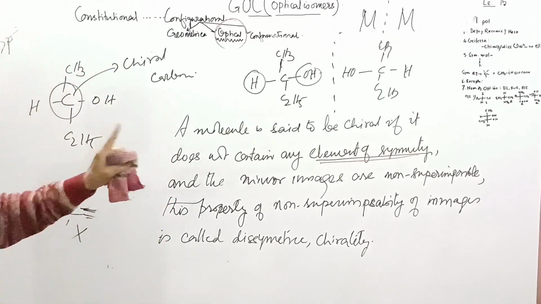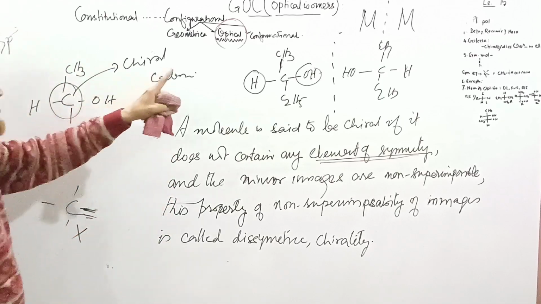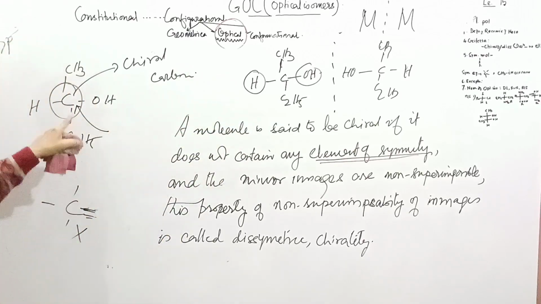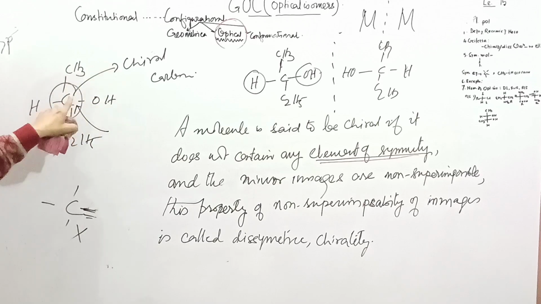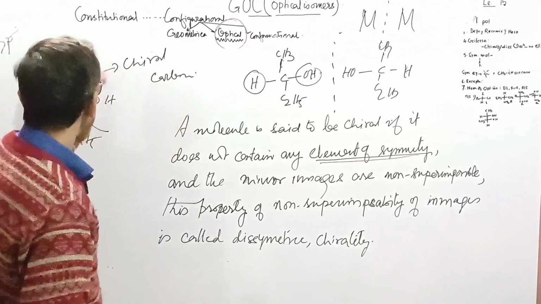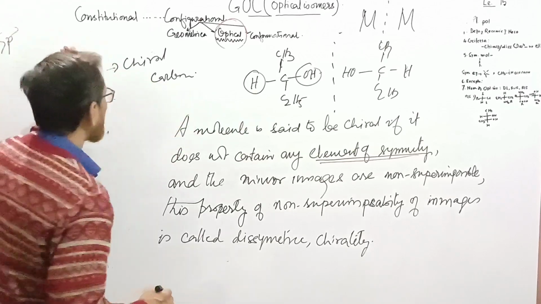Am I right? So the only criterion for optical activity is that the chiral or stereogenic center must contain all single bonds and be sp3 hybridized. So this molecule will be optically active.